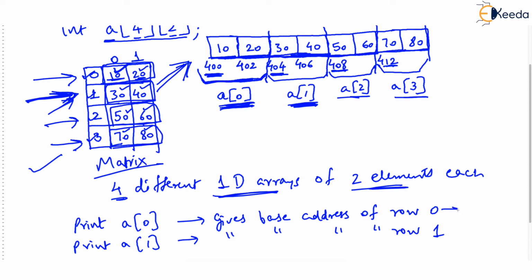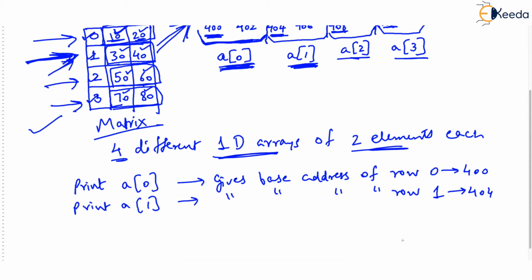As you see in our example, base address of row 0 is 400 and base address of row 1 is 404. So in general, if I write print Ai, where i is some subscript, then this will give base address of row i. Some row I am checking, where does that row begin in the memory.